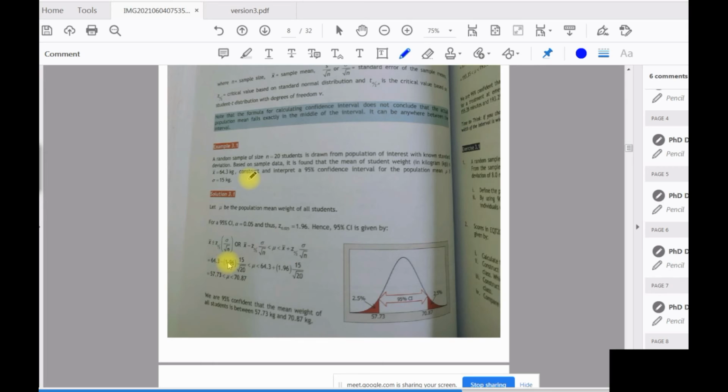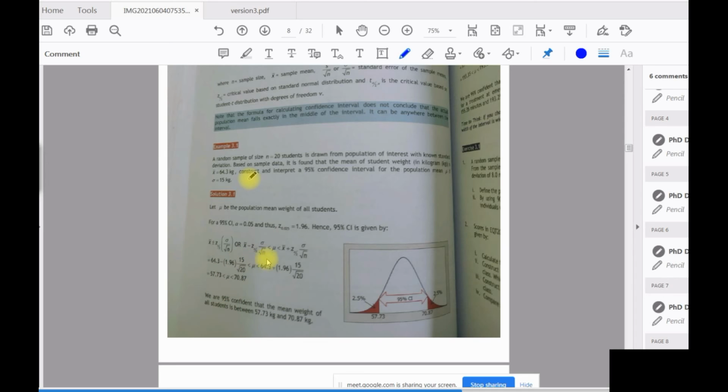We have 1.96, which comes from the table, and sigma over the square root of 20, and then we get the interval estimation. So this is minus, this is plus.